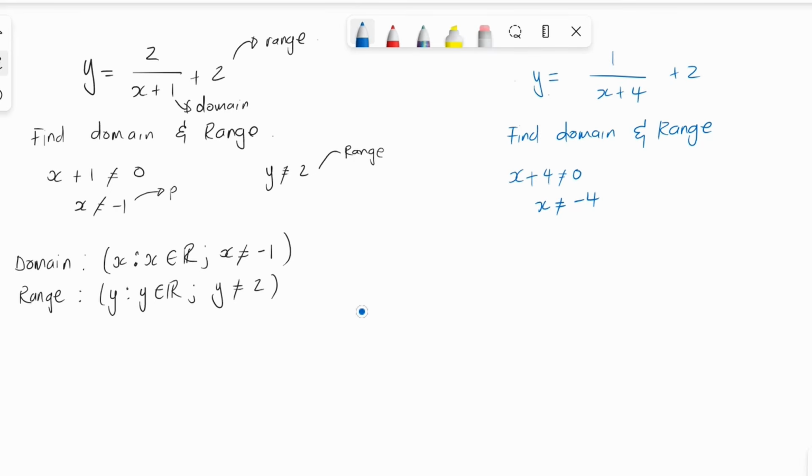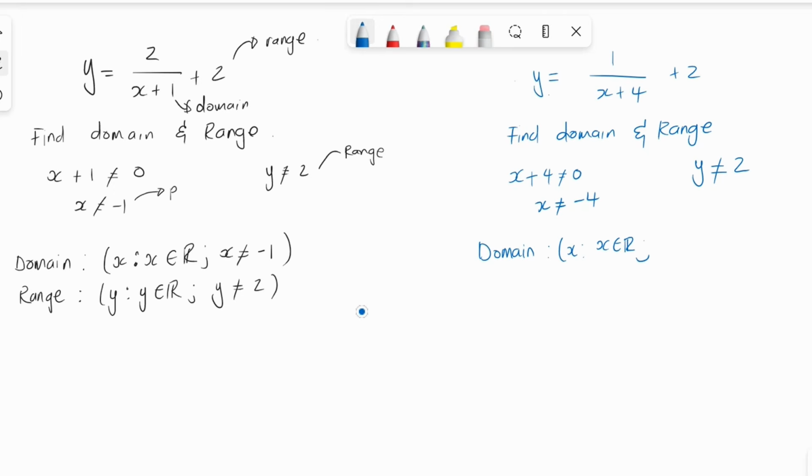Then q is where the graph should never touch on the y-axis. So y can never be equal to +2, right? So what we're going to do is write our domain, which is x, colon, x is an element of real numbers.